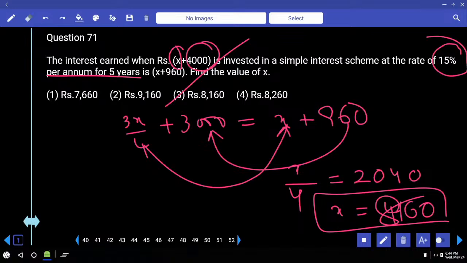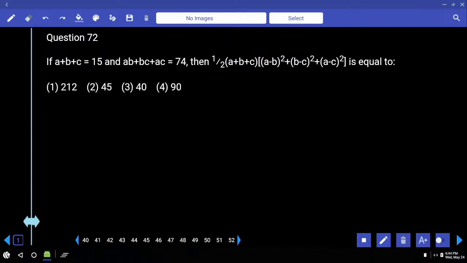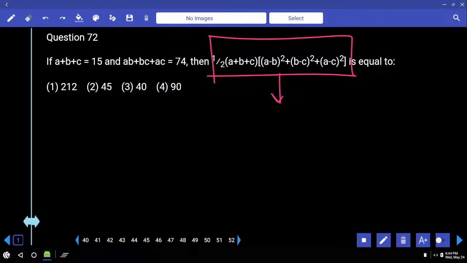Next, a plus b plus c is 15, ab plus bc plus ac is 74. Then what is the value of a cube plus b cube plus c cube minus 3abc? This is the formula for a cube plus b cube plus c cube minus 3abc. For the same formula, we have 3 more alternate formulas. Which formula is useful here?